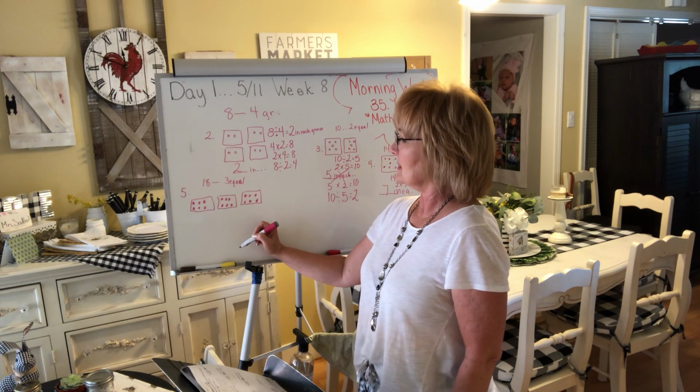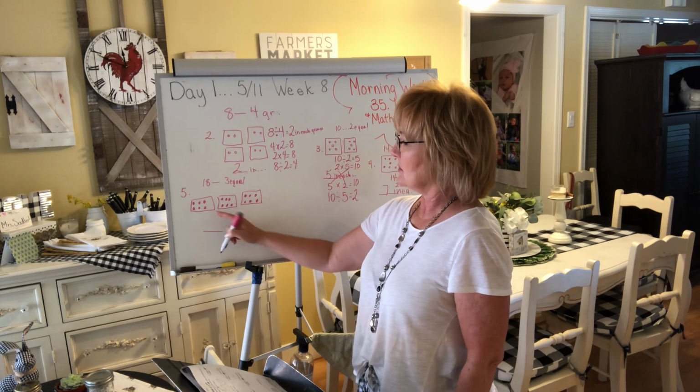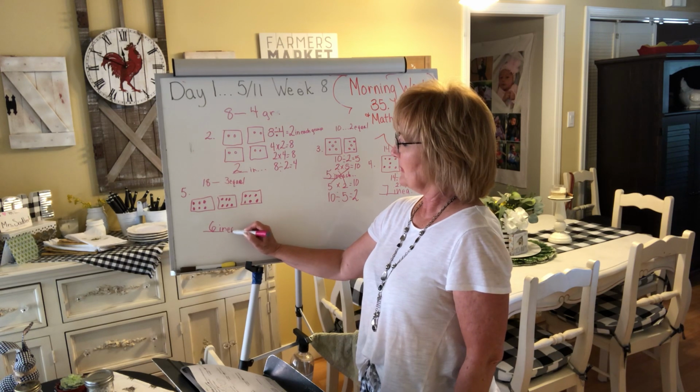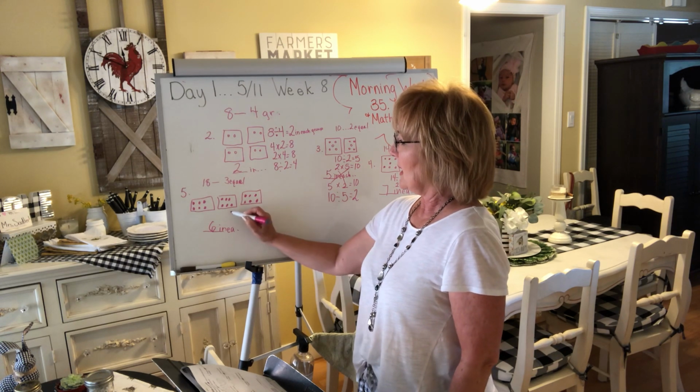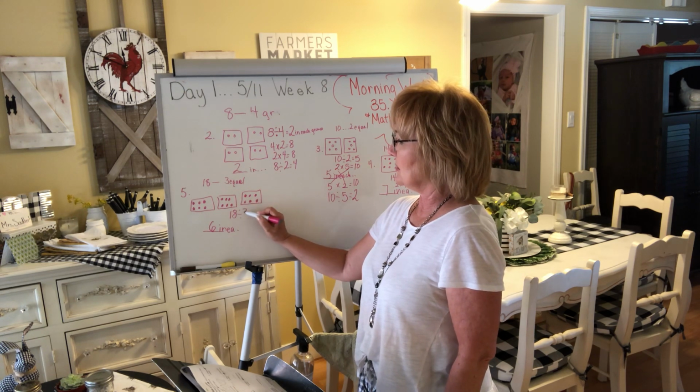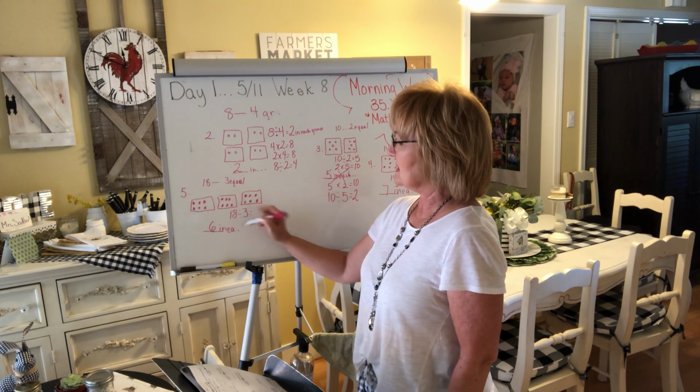We are done. How many are in each group? 6 in each. So now we know 18 divided into 3 groups would equal 6.